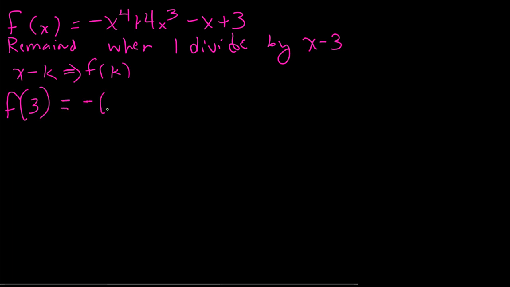So I put in negative 3 to the 4th plus 4 times 3 cubed minus 3 plus 3. Well, this is all for my calculator, and I'm going to put it into my calculator as I have it there. I get negative parenthesis 3 parenthesis to the 4th plus 4 parenthesis 3 parenthesis cubed minus 3 plus 3.